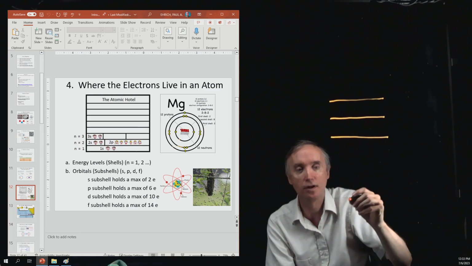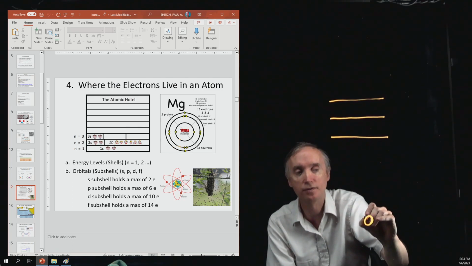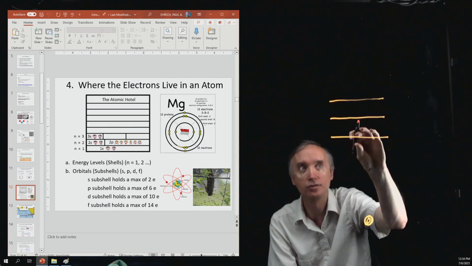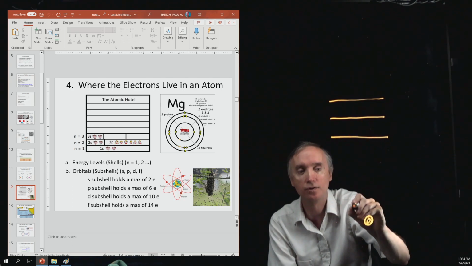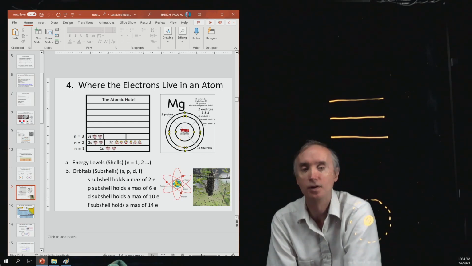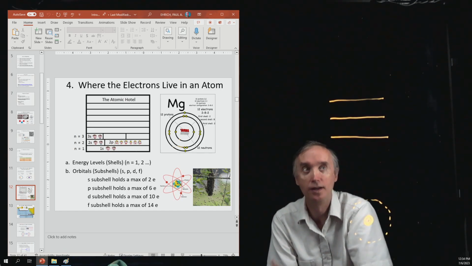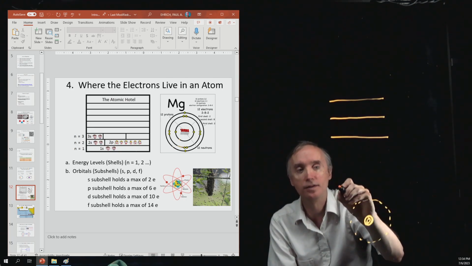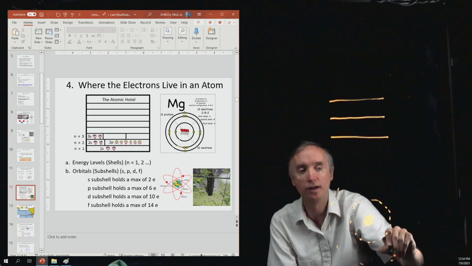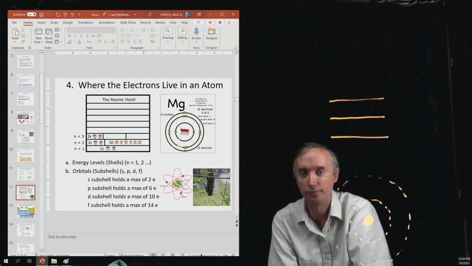Now, in terms of the nucleus, if this is the nucleus of an atom, then the first energy level is going to be represented by a certain distance away from the nucleus where electrons can live, and then the second floor is going to be another energy level which is going to be further away from the nucleus, like that.